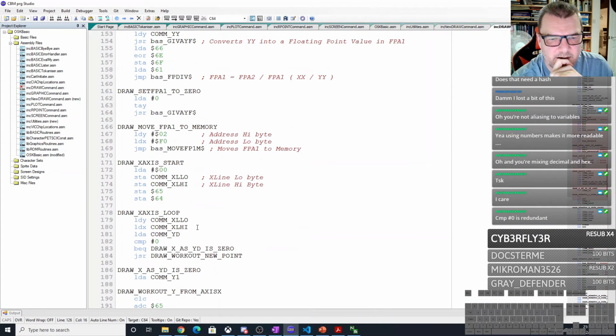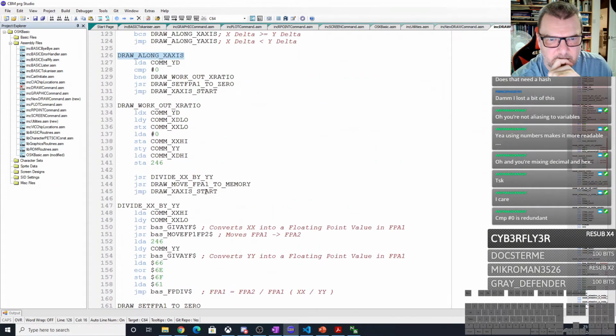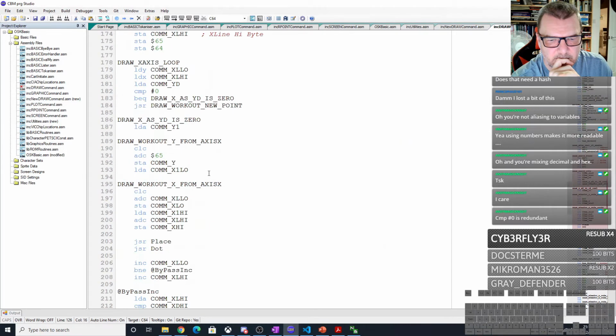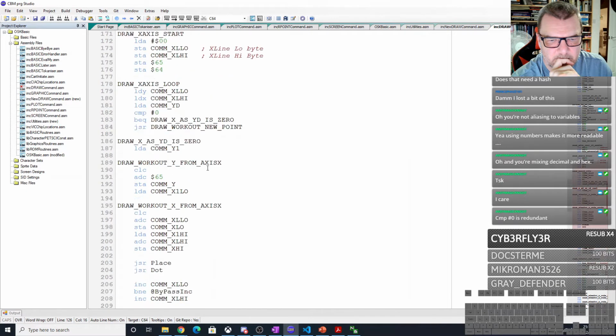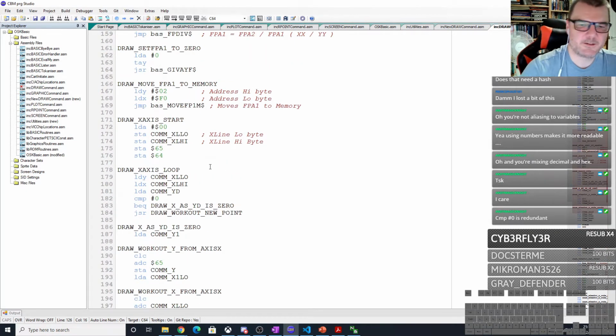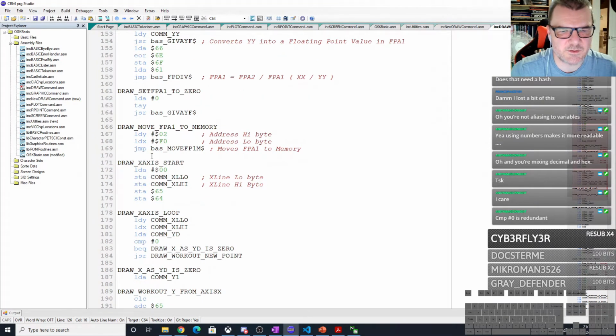Just trying to work out the logistics of drawing a line without using any BASIC, because I'm using BASIC functions all over the place. Okay, so we need to, right, let's start drawing, that's the start there.